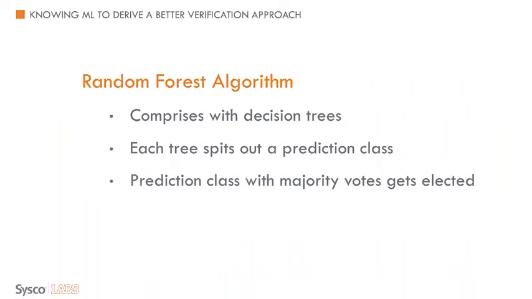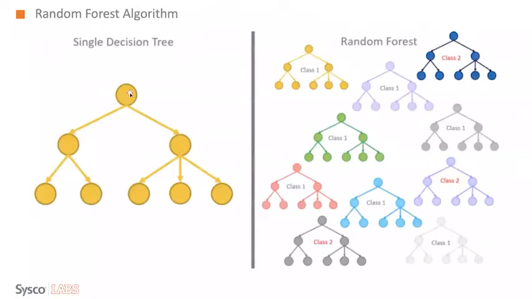Now, if you didn't quite get what I said, let me brief you with this picture. This is a single decision tree, the left one, the yellow one, right? It has several branches. When you have multiple such trees, you call it the random forest algorithm. As this diagram depicts, upon processing, you get certain outputs.